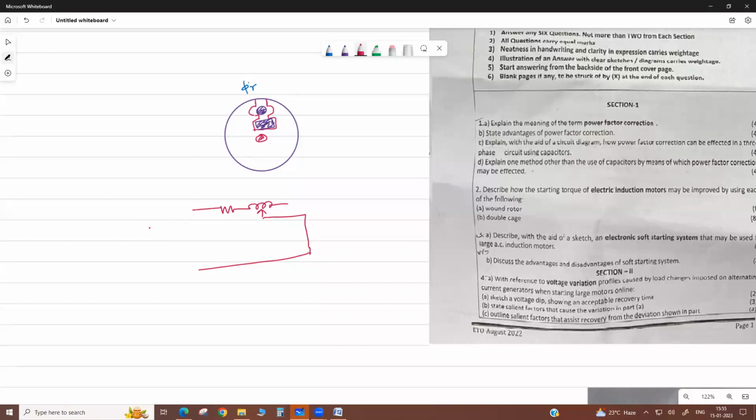So in double cage, I will show you. There is another deep bar rotor also.